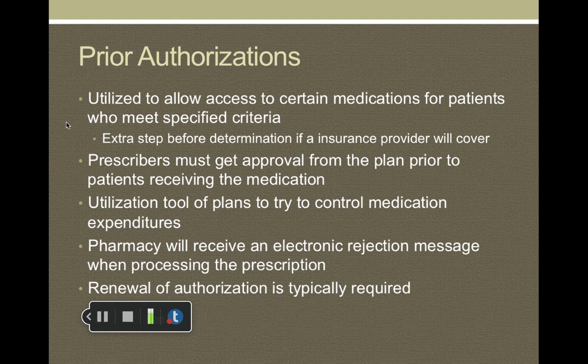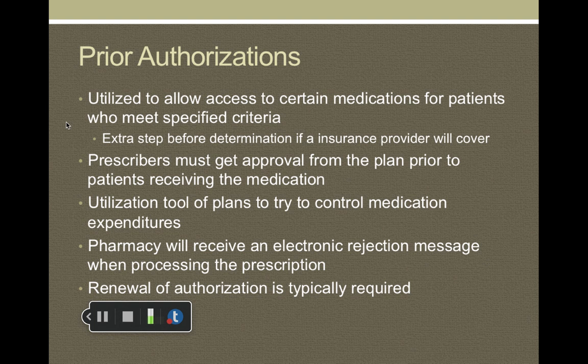So there's an extra step before determination if an insurance provider will cover. So what I try and tell patients is the insurance company wants more information before they decide if they're going to pay for a drug or not. So this actually falls on the prescriber. So the prescriber must get approval from the plan prior to patients receiving the medication, but it usually starts in the community pharmacy setting because patients and prescribers don't really know what's on a prior authorization list.